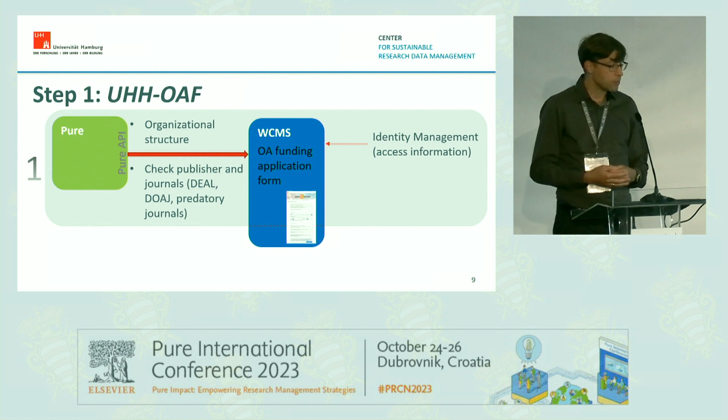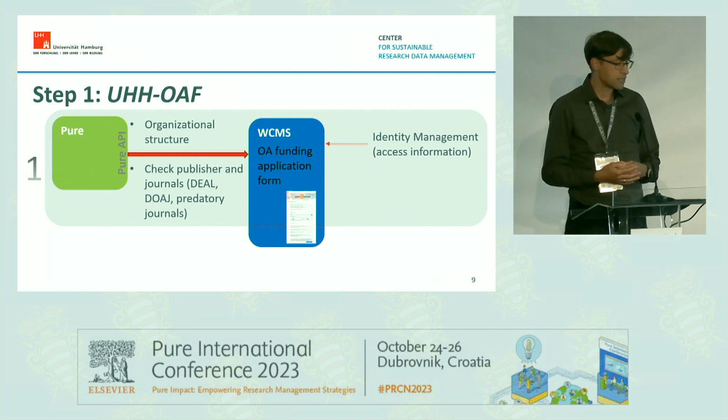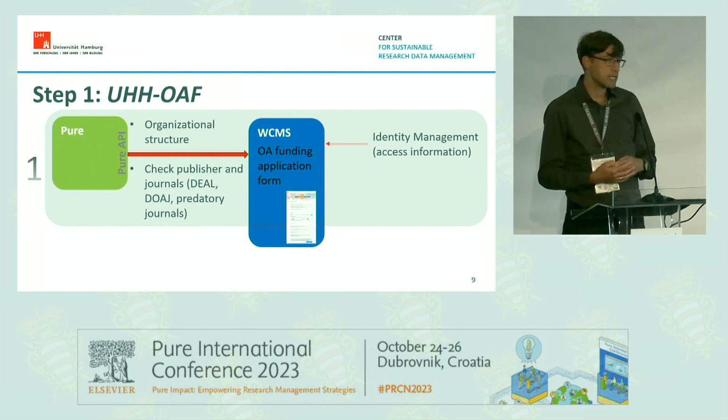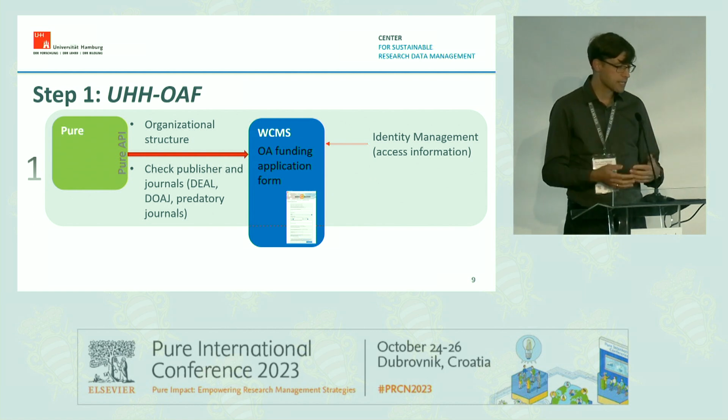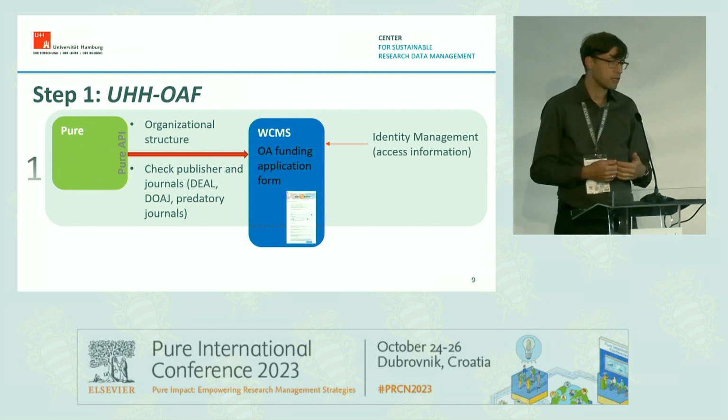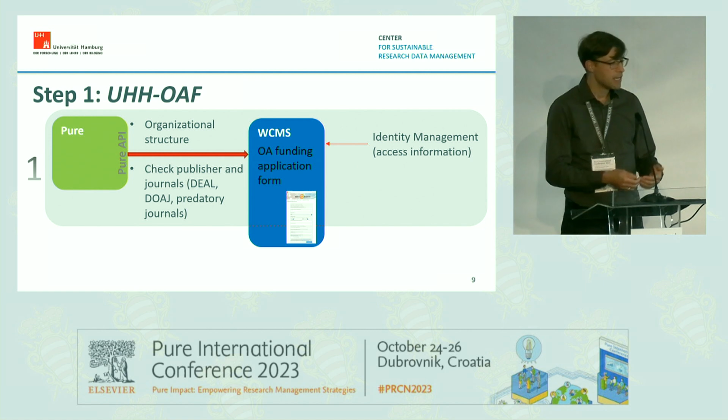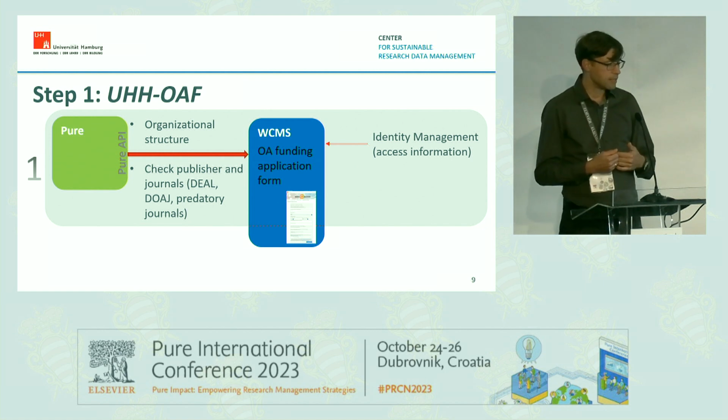And second, we pull data of the journals and the publishers, and we are doing some simple checks. For example, when the journal is included in our deal contracts, of course, the researcher cannot apply for this internal fund, and it's the same when the journal is not on the list of the DOAJ.